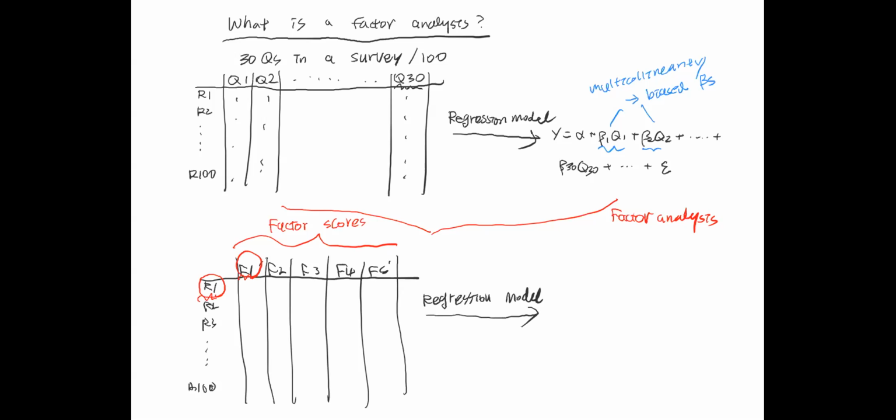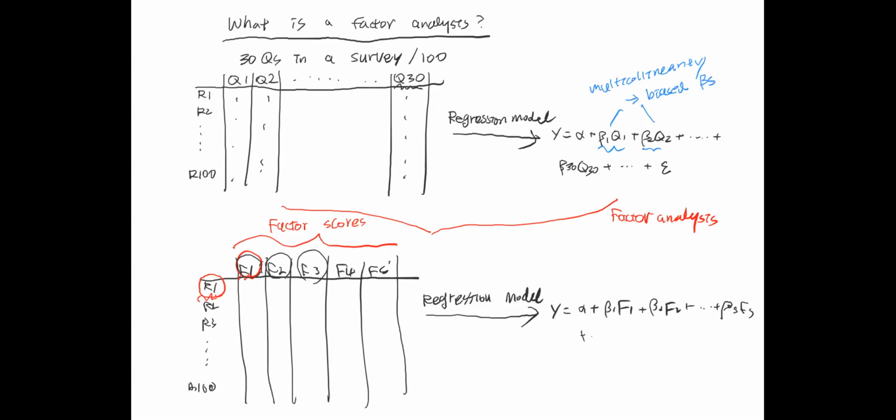And then the regression model, the equation looks like this. Y equals alpha, which is the intercept, plus beta 1 F1 this time, because our X variables are now F1, F2, F3, etc., right? And beta 2 F2, all the way to beta 5 F5.